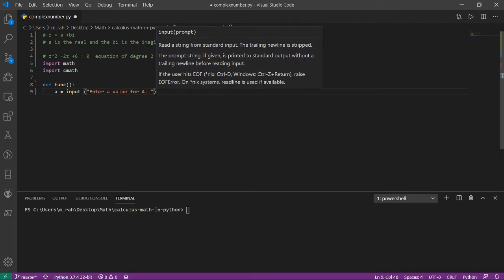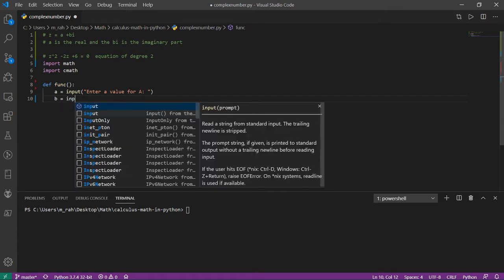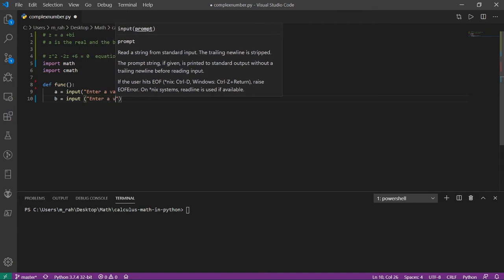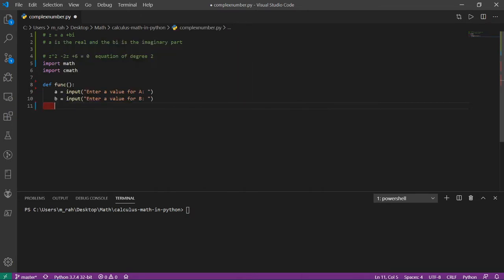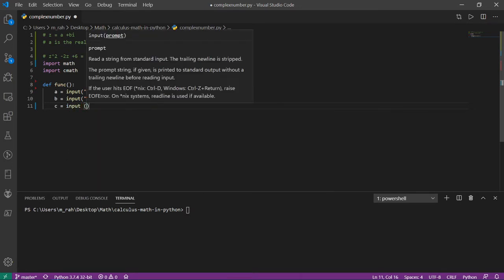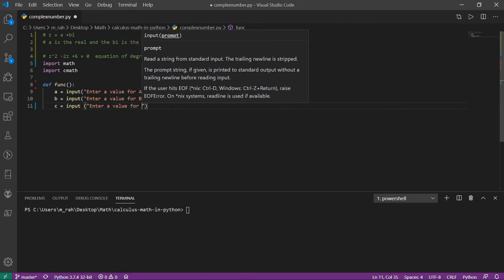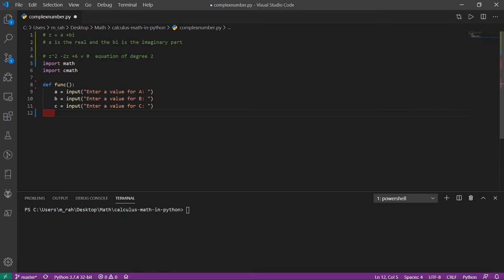Then I do the same for b: enter a value for b. Then we take input for c: enter value for c. So that's it, three inputs.